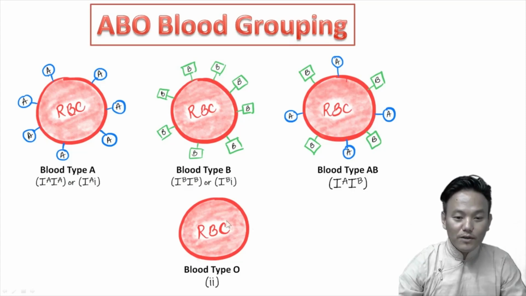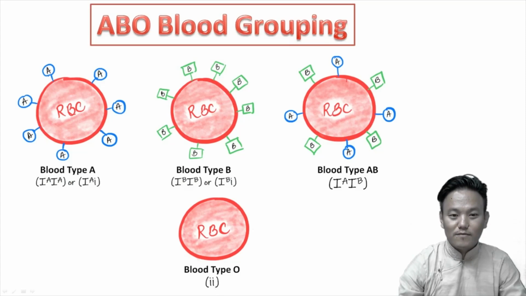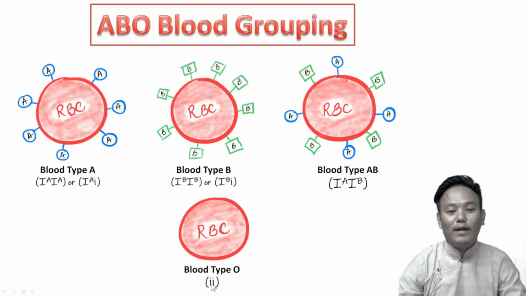In this particular RBC, there is no sugar polymer protruding out of the surface, and this can happen only when the genotype is 2 small i's, homozygous recessive. So blood group O, which means it does not have any sugar polymers, can happen only when both the alleles are homozygous recessive, that is both the alleles are small i.